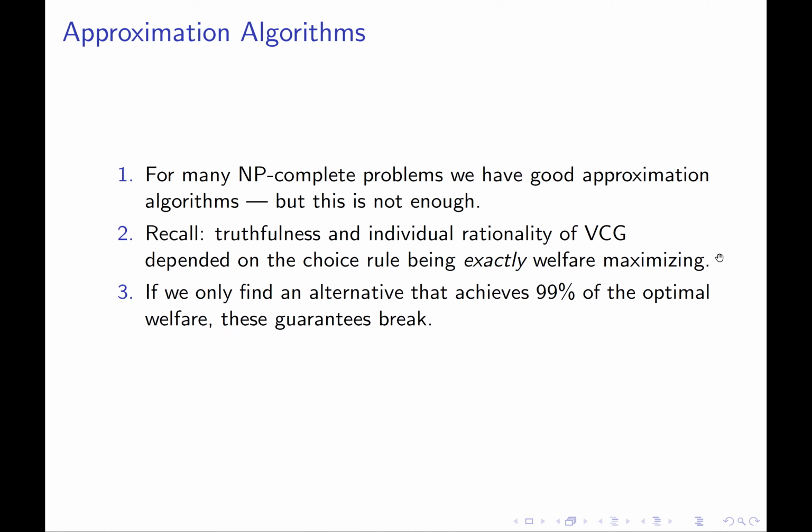You can get nonsensical things like negative payments. And so this is why we really have to think hard. Achieving 99% of the optimal social welfare does not mean that if you use the same payment rule, you will in some sense be 99% truthful. You can entirely break the truthfulness and the individual rationality guarantees by seemingly only breaking the welfare maximization guarantees by a little bit.